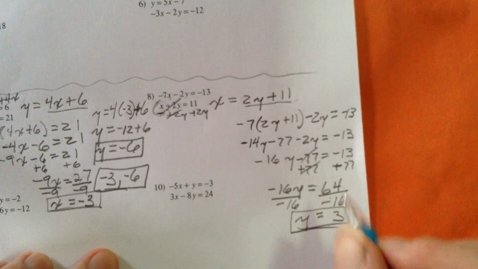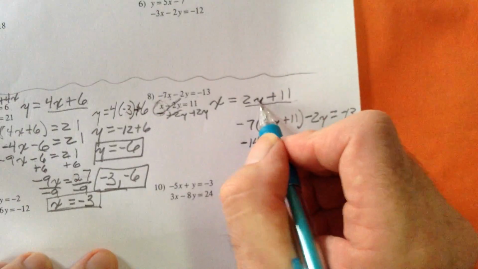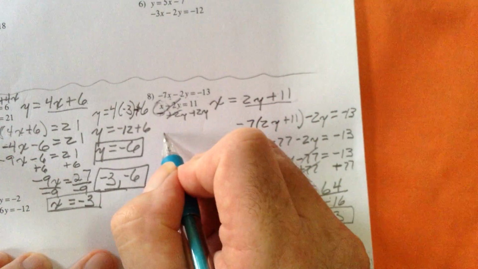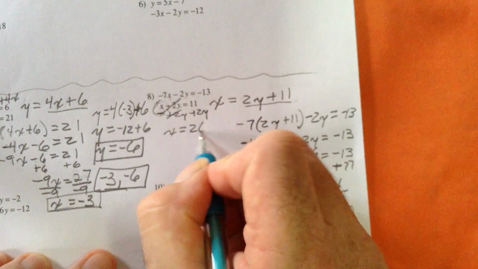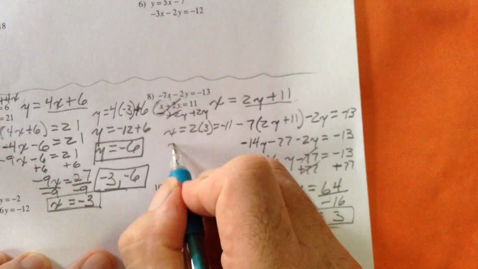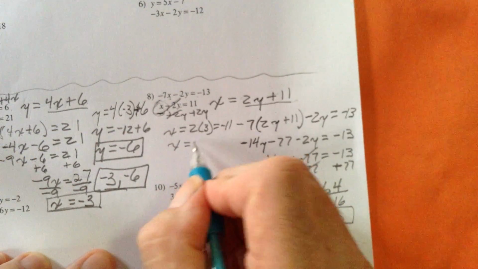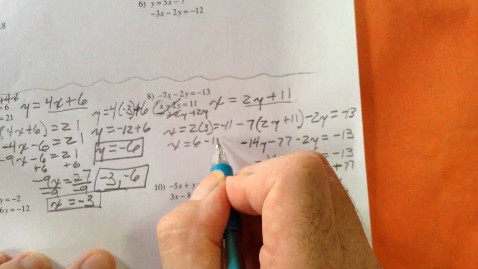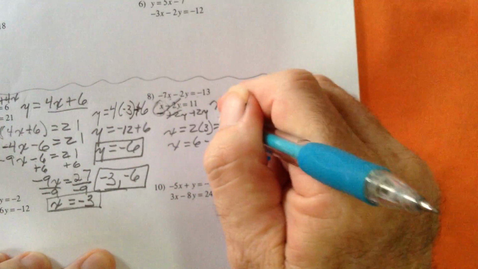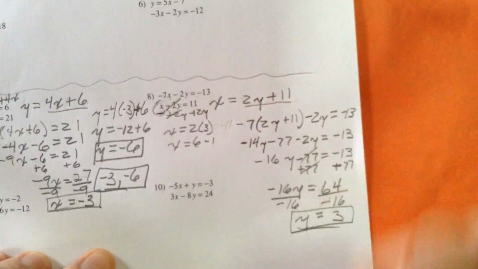Okay? So now we can put it into this equation and figure out what the x is. If y is 3, I can go x equals 2 times 3 equals negative 11. So x equals 2 times 3 is 6 minus 11, no, what am I doing? Plus 11. I messed up.